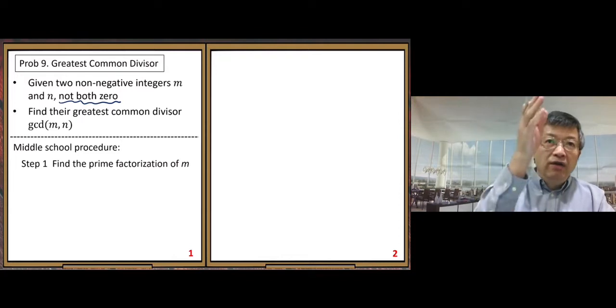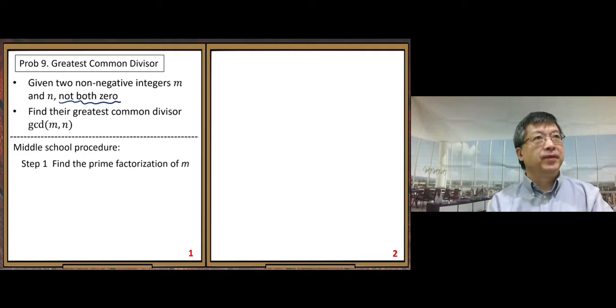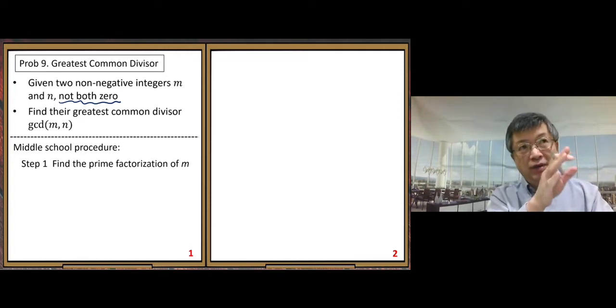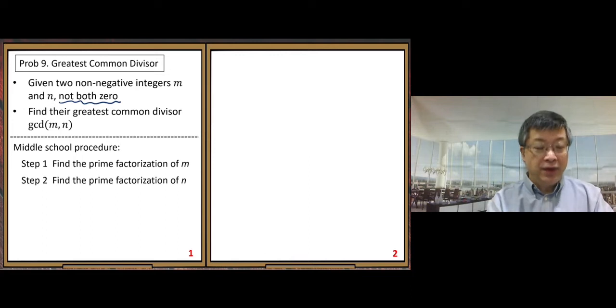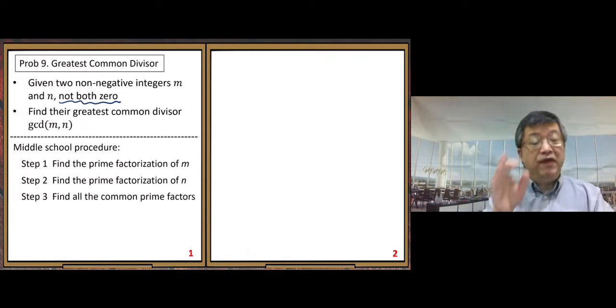Step 1, find the prime factorization of m. Step 2, find the prime factorization of n. Step 3, find all the common prime factors.